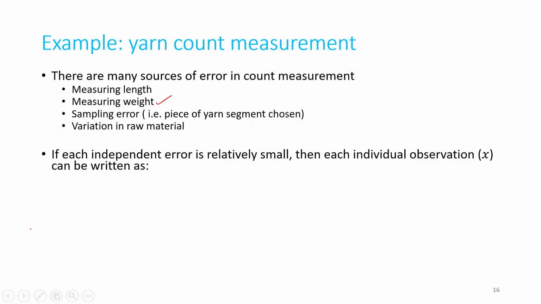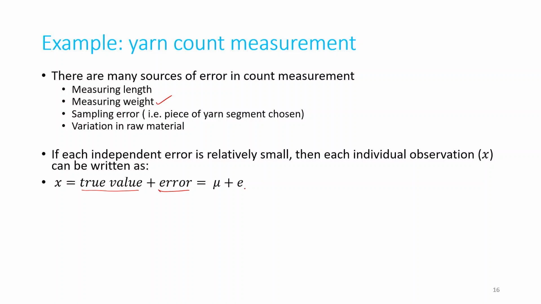Now if each independent error is relatively small, then each individual observation can be written as x, an independent observation, is the true value of count plus the error arising due to these reasons.